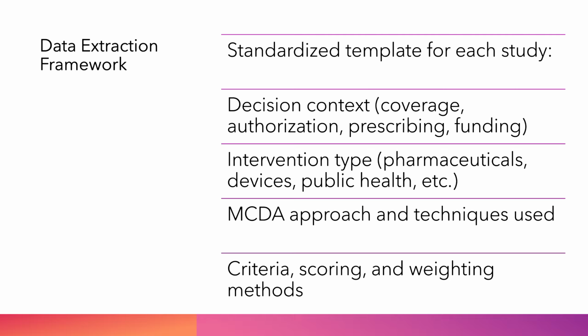Is it a drug, device, public health stuff, whatever? And then they collected the detailed stuff. What MCDA methods did they use? What criteria did they look at? How did they score and weigh things? Who was involved in the process? By pulling out the same information from every study, they could actually compare them side by side.